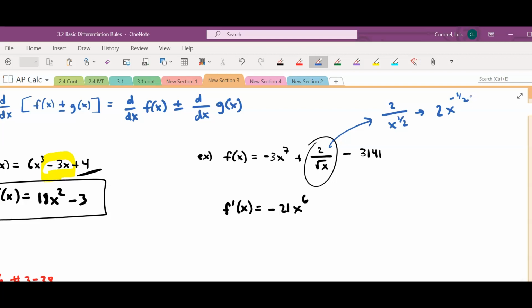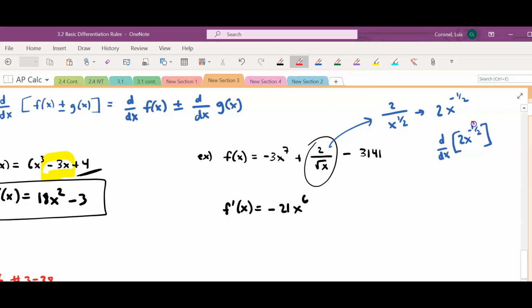So the negative 1/2 is going to multiply with the 2 when I do the derivative. Using power rule, I'm using power rule. So maybe I could show you on the side. I'm taking the derivative of 2x to the negative 1/2.